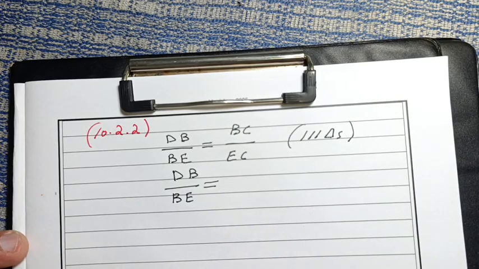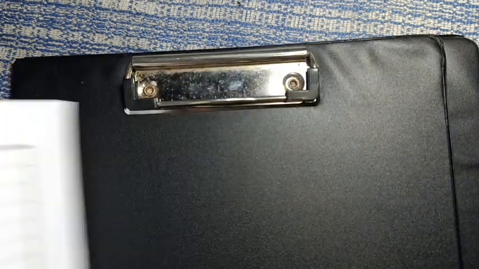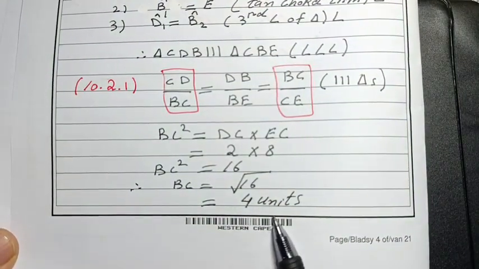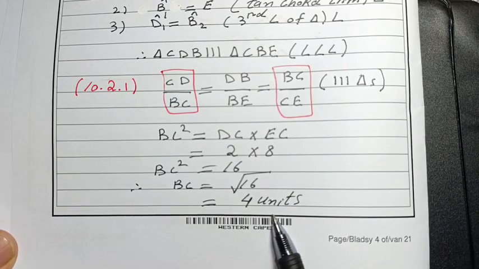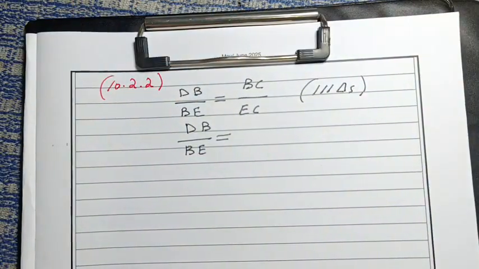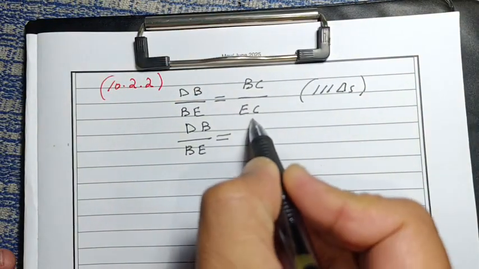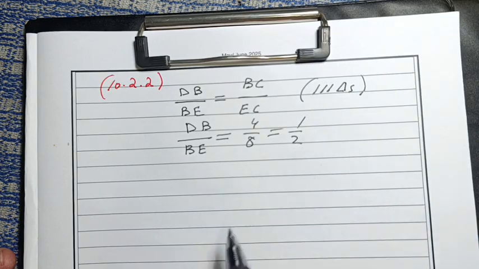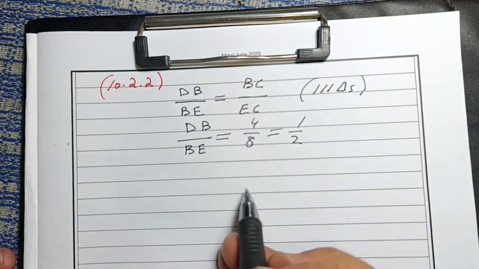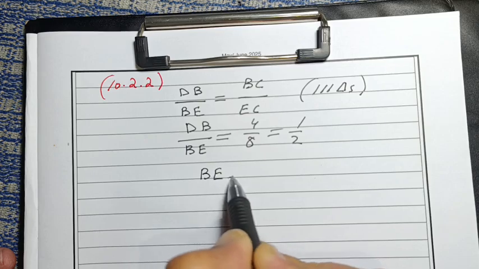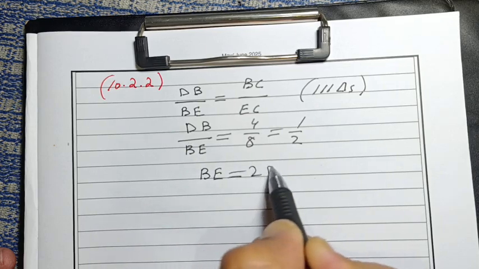Earlier we found the answer, BC is 4, and EC we have 8. So it's going to be 4 over 8. You simplify, it's going to be 1 over 2. Now you cross multiply, and BE is equal to 2 DB.